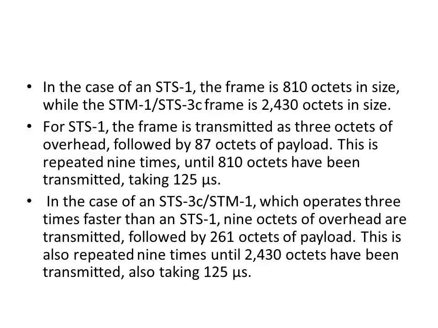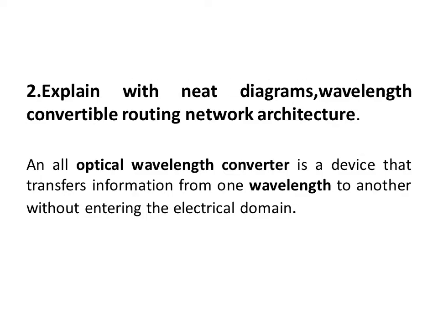This is repeated 9 times until 810 octets have been transmitted, taking 125 microseconds. So SONET as well as SDH are both the same, but the basic structure in SDH is STS-3. STS-1 is the basic structure of SONET. That is very important. You need to study it for the exam.